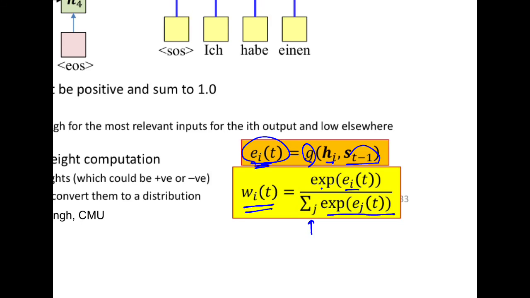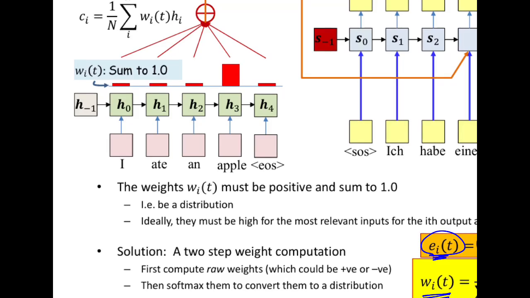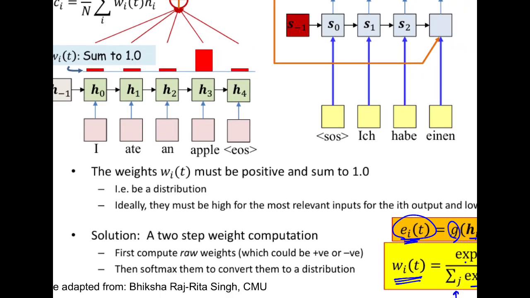So this will make sure that my weights at every time step T in the output, if I look at all the tokens in the input, will add to 1. Using these weights I can give importance to the particular context or particular hidden state in the input at time T. So that's the key idea of these architectures. Attention.